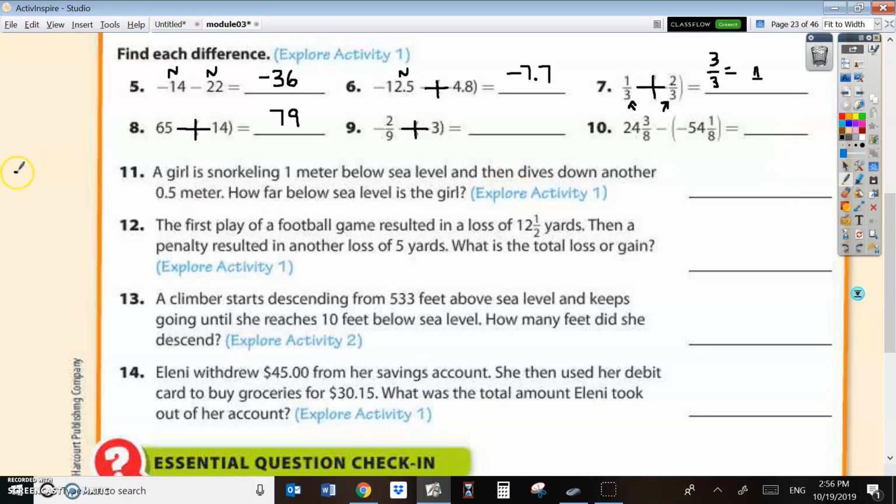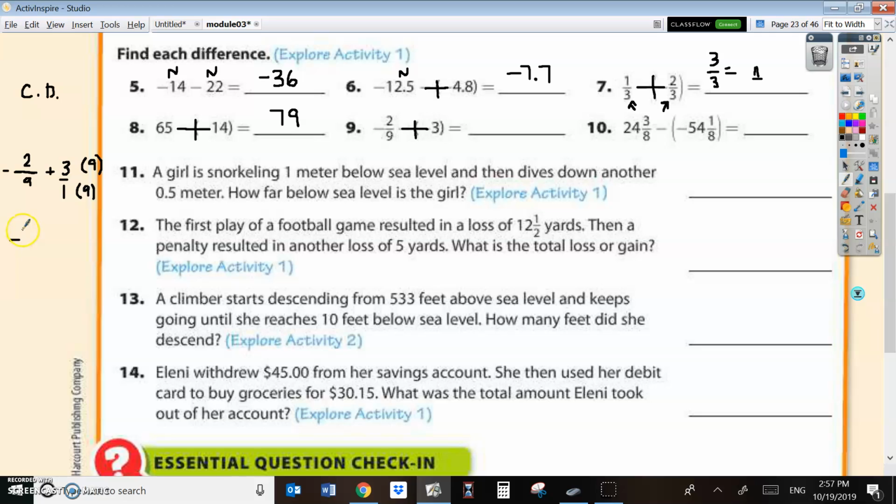Okay, so I have negative 2 over 9 plus 3. First thing though, I need a common denominator. So I don't have a common denominator, not yet. So I'm going to multiply this side by 9 and this side by 9.